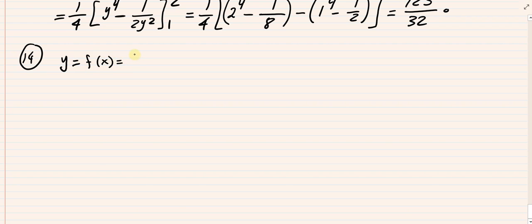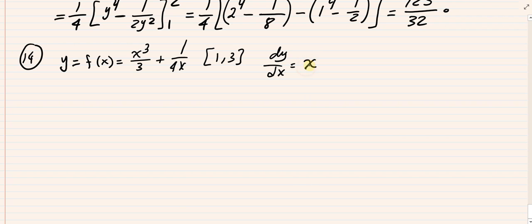And the function of x is x cubed over 3, or 1/3 x cubed, plus 1 over 4x, between 1 and 3. So this time dy/dx, or y prime, is given by the derivative of x cubed is 3x squared. The 3's cross out, so that's just x squared. Next one becomes 1 over 4x squared.